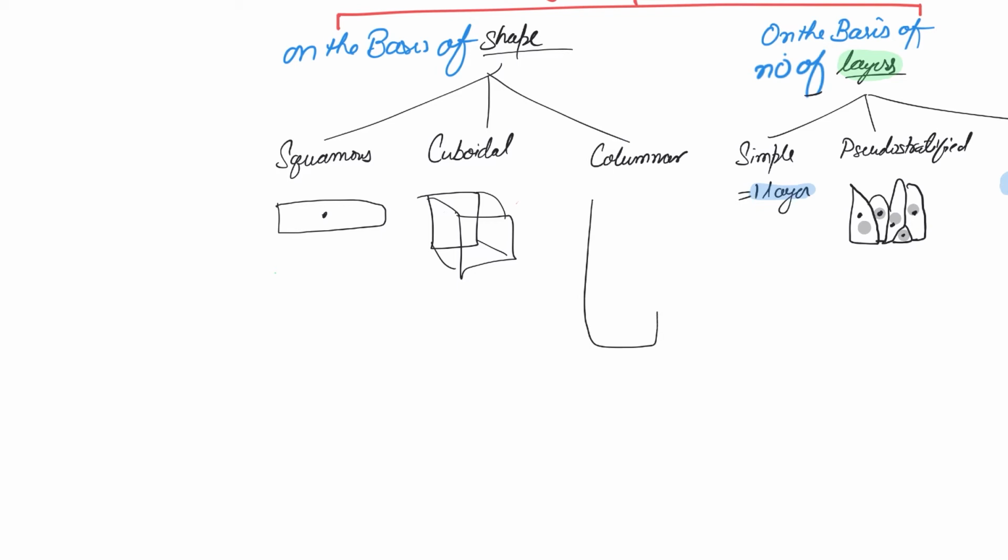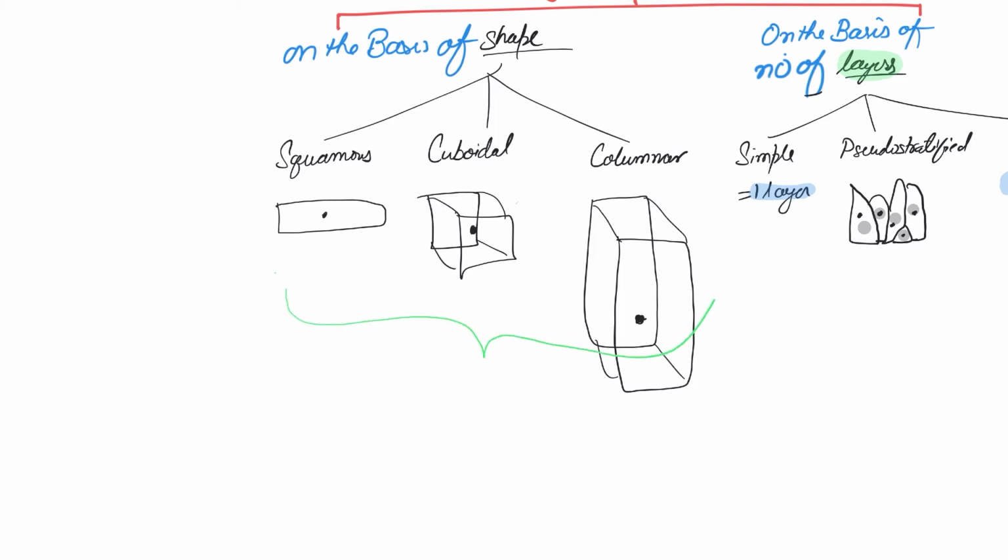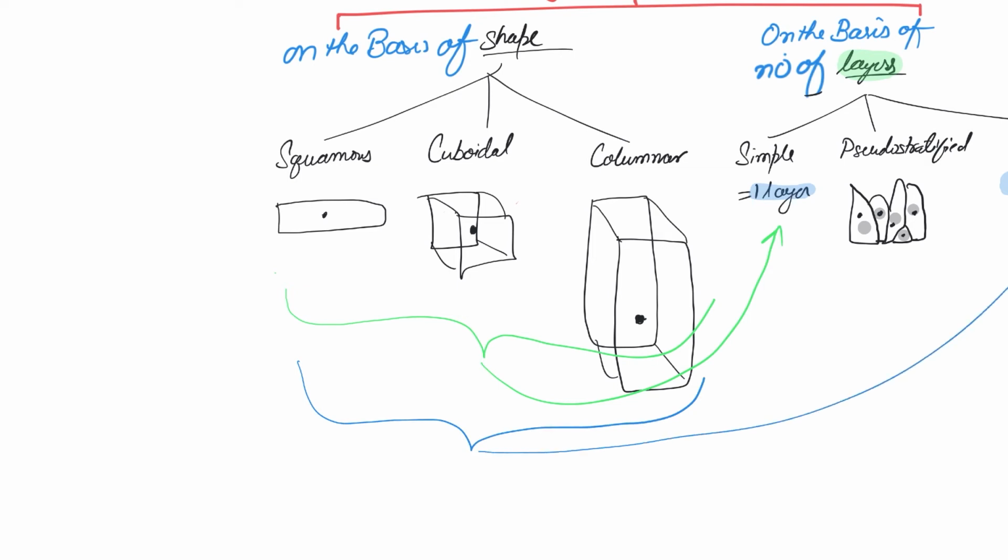Columnar means they will be longer in height than in width. Cuboidal will have the nucleus in the center, squamous will have the nucleus in the center, columnar will have the nucleus a bit towards the lower side. So this is how you divide. Now what you have to understand is all these three categories can either be simple, so simple squamous, simple cuboidal, or simple columnar, or all these categories can be stratified as well.